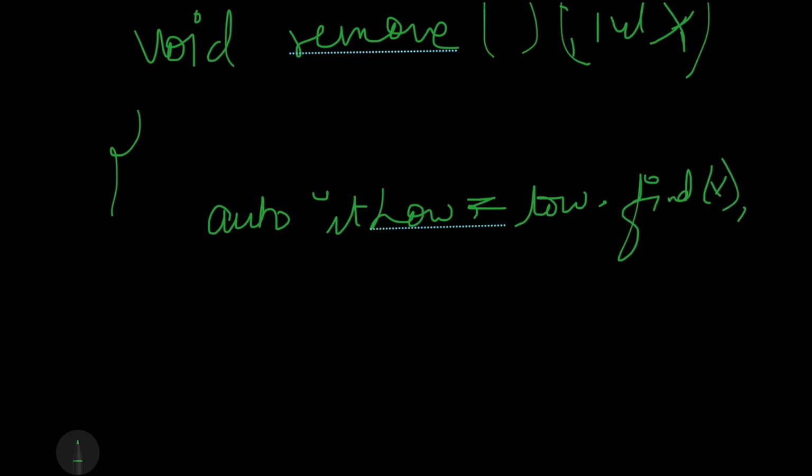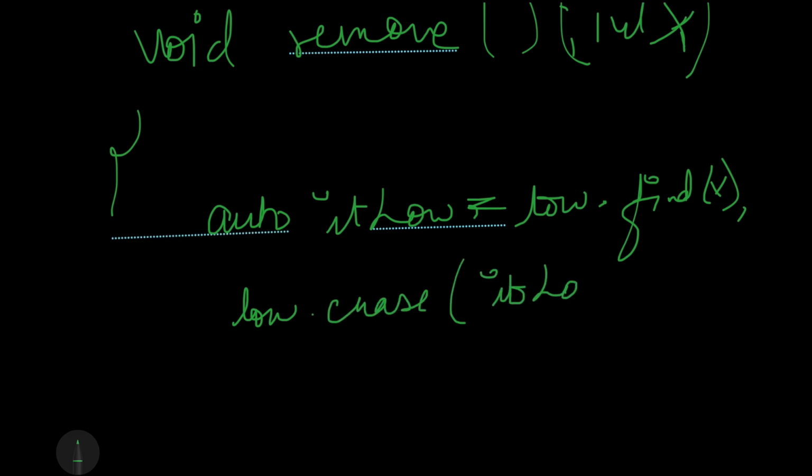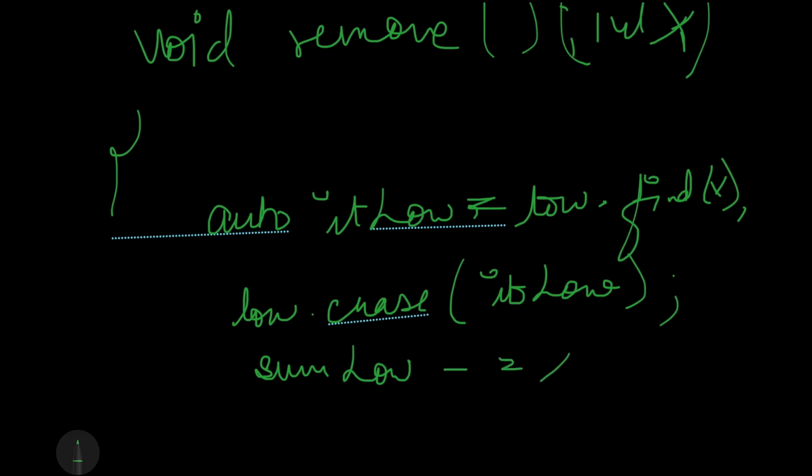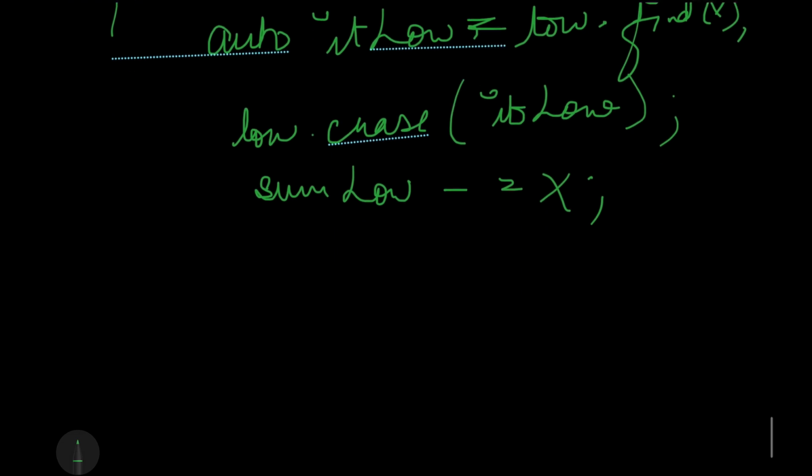Simply, we'll find it in our low multiset and erase it, then we'll remove it from the sum also.